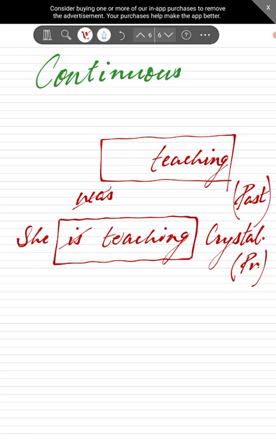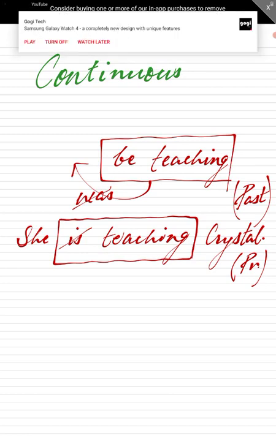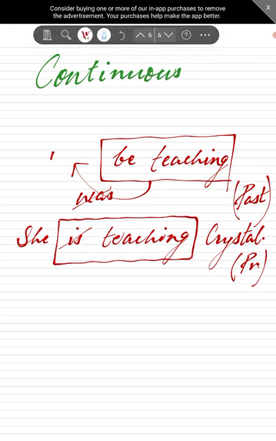That is why we need to change this is into be. Understood? This is the miracle. And just we need to use shall or will before it. So the subject is she and she takes will, not shall. That is why we have to use here will. Okay. Now the sentence is she will be teaching Crystal, and this sentence is in future.